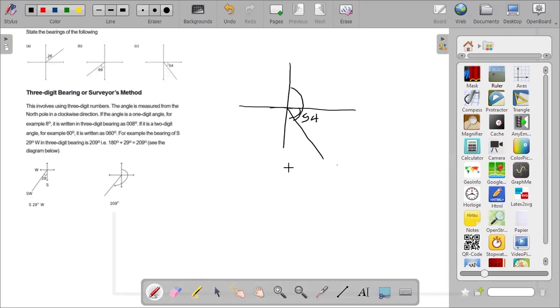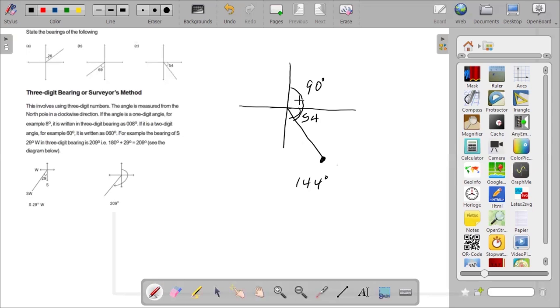So the bearing of this line will be, this quadrant here is 90 degrees, plus this angle given to us, 90 plus 54, that is 144. And so the bearing of this line from the North Pole is 144 degrees in three-digit bearing.